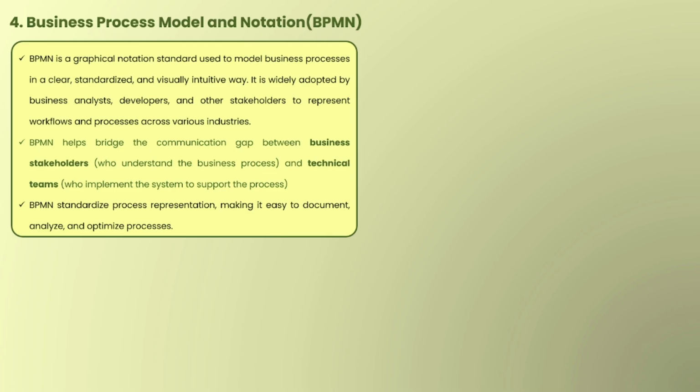Basically, BPMN is a fancy but easy to understand way of drawing how a business process works. It uses simple symbols to show what's happening step by step, so anyone can look at it and get an idea quickly. This is the very big advantage of BPMN.